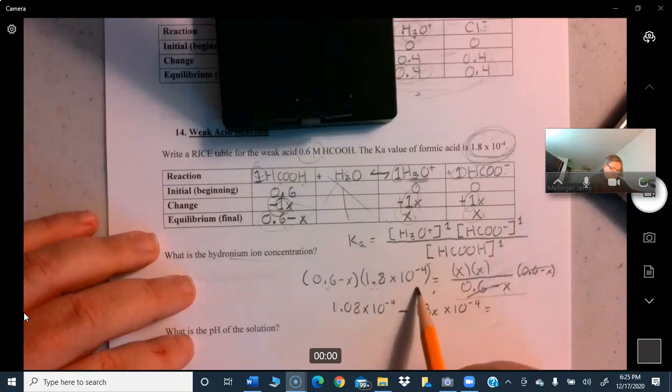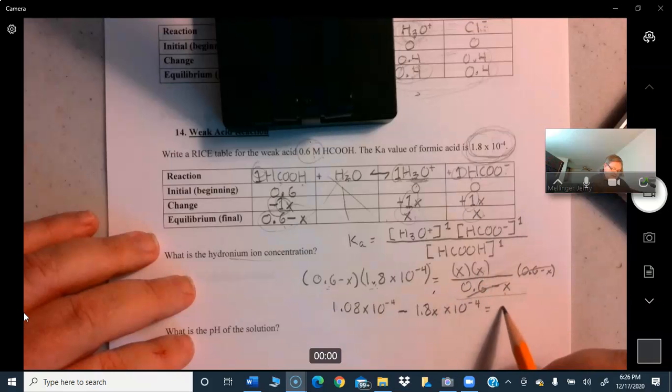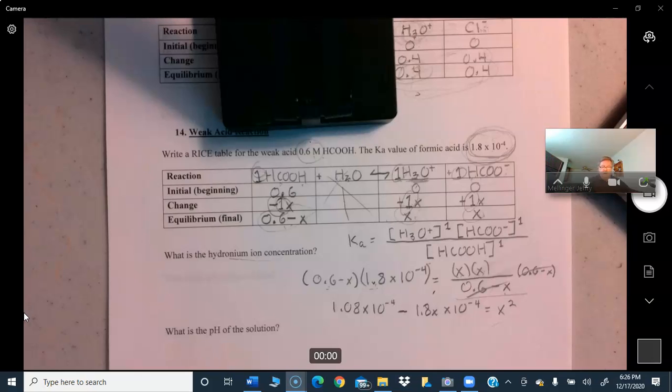And then that's going to equal on this side x times x, or x squared. So now I have a term with an x squared, with an x right there. That's an x. That's a times sign. And then a term that's a constant.